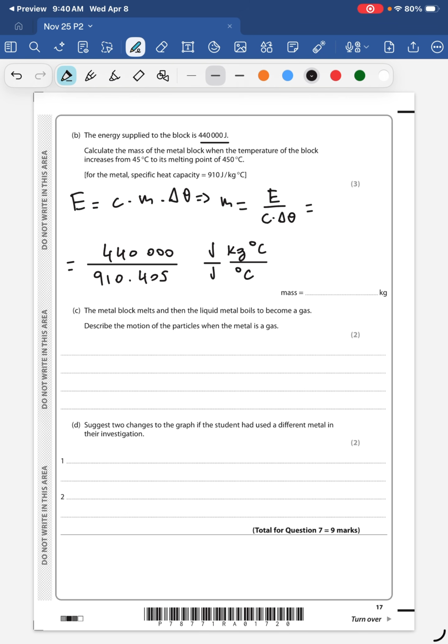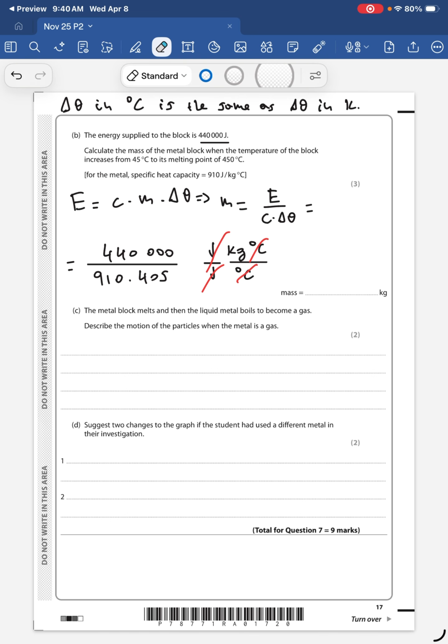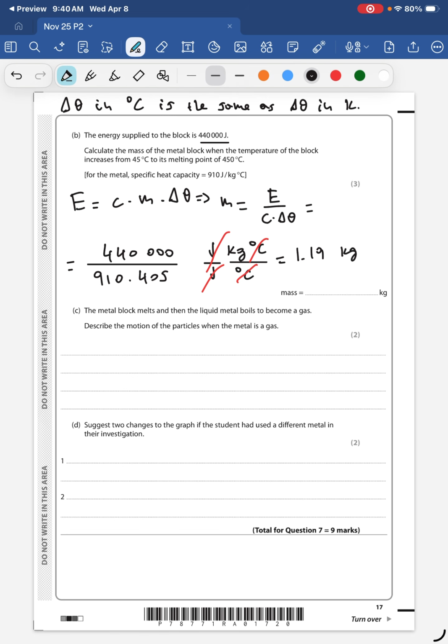And a special note: delta theta in degrees Celsius is the same as delta theta in Kelvin. Okay, so joules delete, degrees Celsius delete, and if we carry the calculation, we find 1.19 kilograms. So down here we can write 1.2.